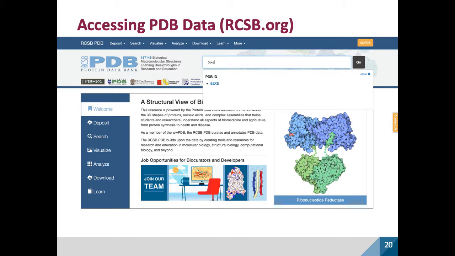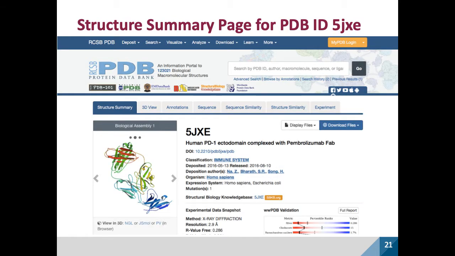So there are a whole host of different ways to search. You can put in the amino acid sequence of the protein you're looking for here. You can put in the name of the protein. You can put in the PDB ID, and when you do any one of these things, you'll come up with a list of hits. If you put the PDB ID in, so this is 5JXE, this is one of the structures of the Fab bound to PD1.